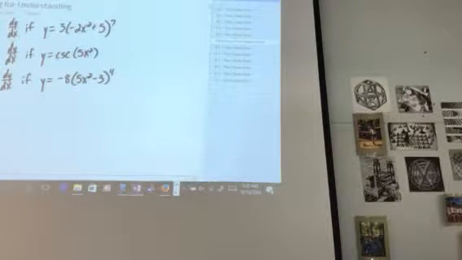Alright, so far this is right. dy/du times du/dx. Now, why did you start writing things in terms of sine and cosine? Don't do that.